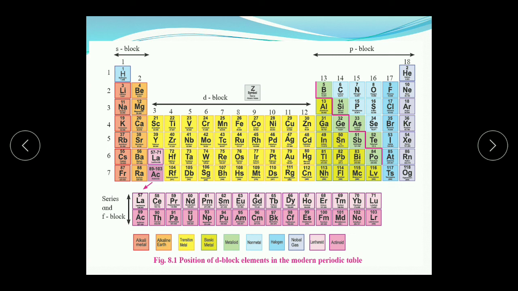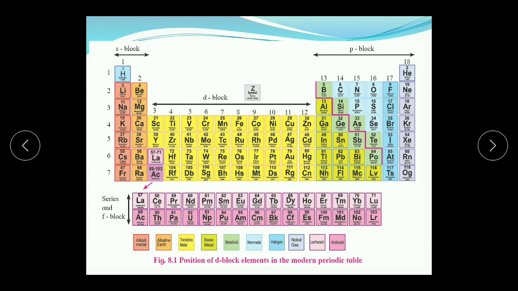In the 11th standard, we learn S block elements in detail and 3 groups of P block. And in 12th standard, I have finished the transition elements and inner transition elements, that means D block and F block complete.